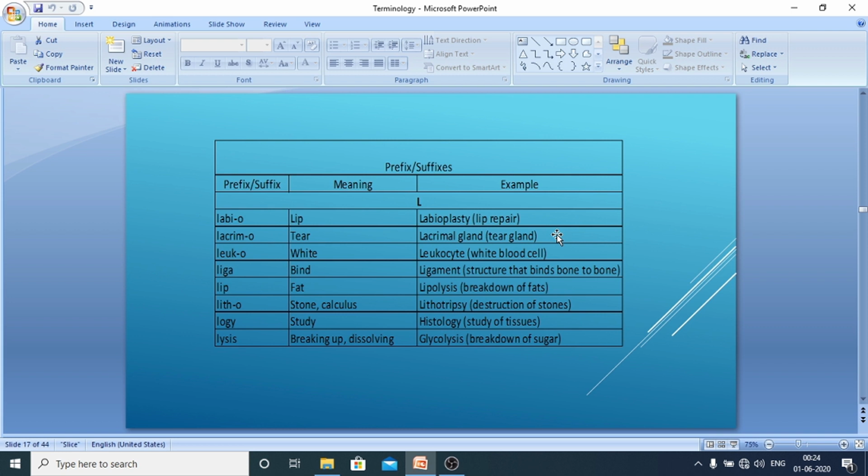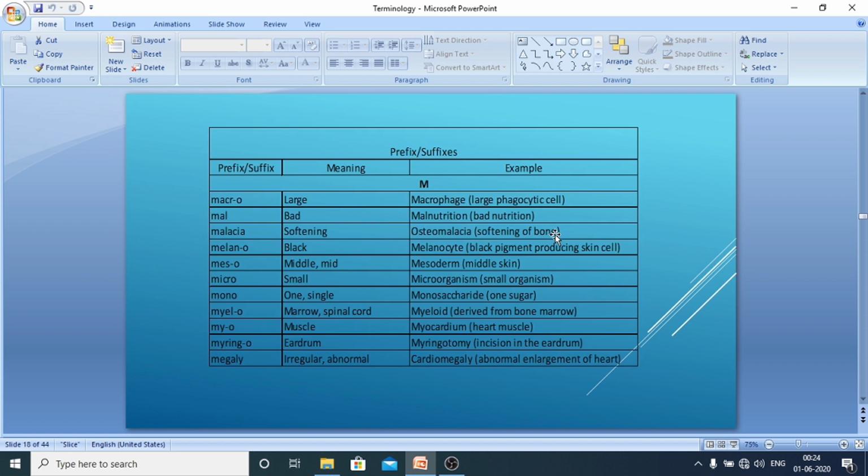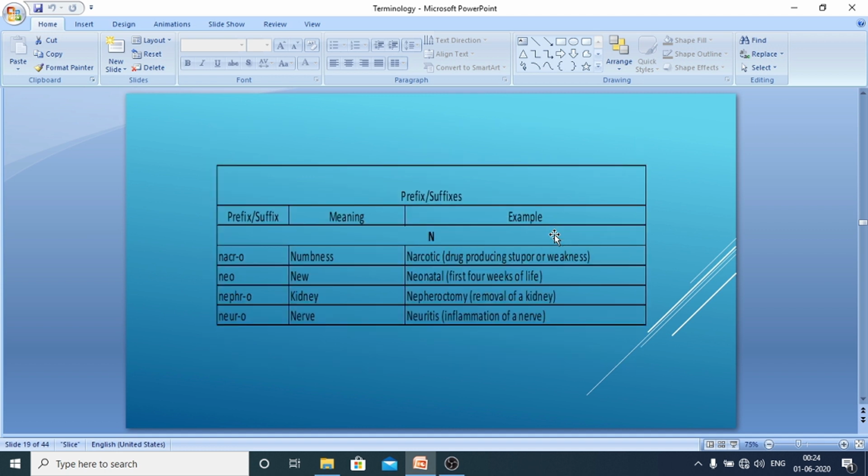Labio means lip. Labioplasty means the repair of the lip. Macro means large. Macrophage means large phagocytic cells, and you can see macro is a prefix over here. Megaly means enlargement. Cardiomegaly means abnormal enlargement of the heart.